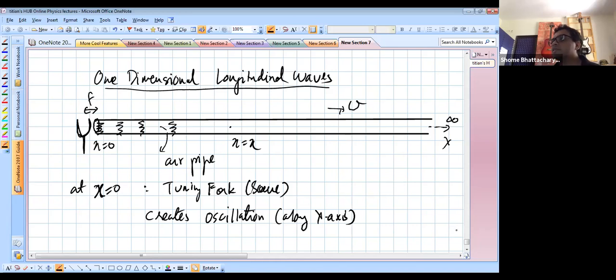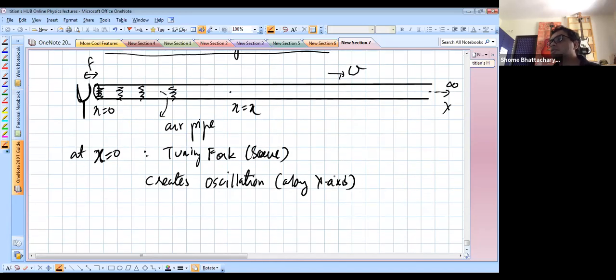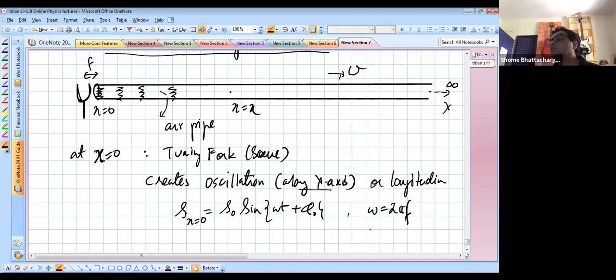So the wave is propagating in this direction with speed v. This is along the x-axis, or what we call longitudinal, given by s at x equal to 0 is some amplitude s naught sine of omega t plus, let's say, some phase constant phi naught, where omega is again 2 pi f. f is the frequency of the source.